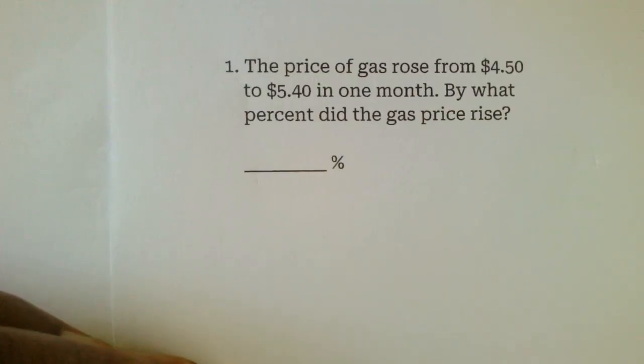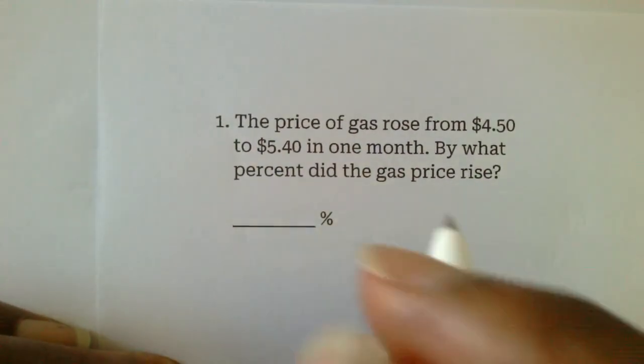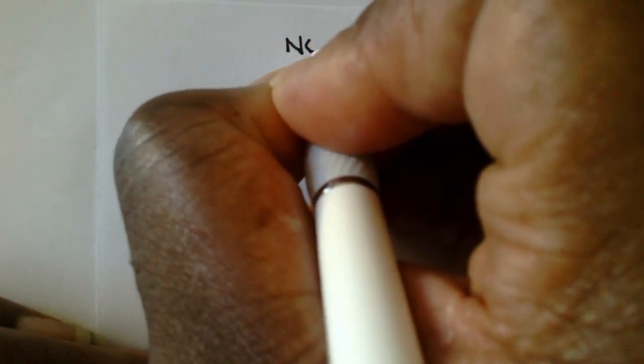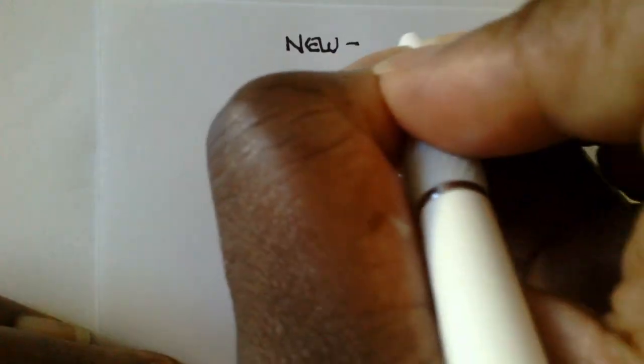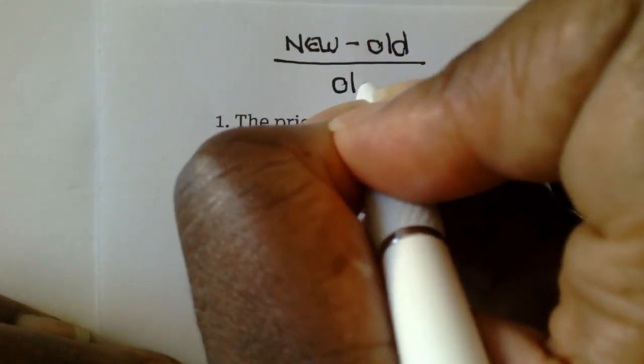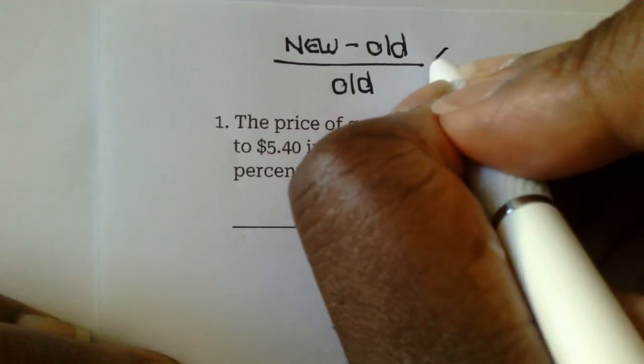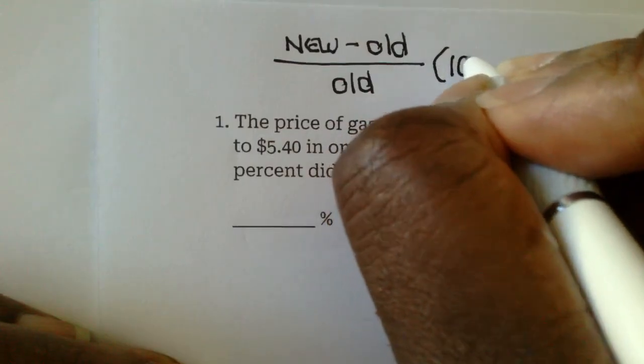So that's an increase. So the way that you would actually set it up, and I think a lot of people have different ways, I like to keep with the new minus the old divided by the old, and you're going to multiply that by 100.